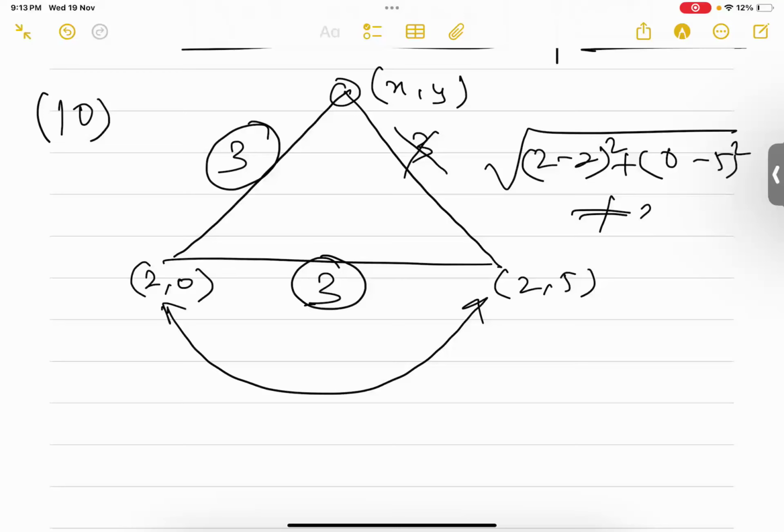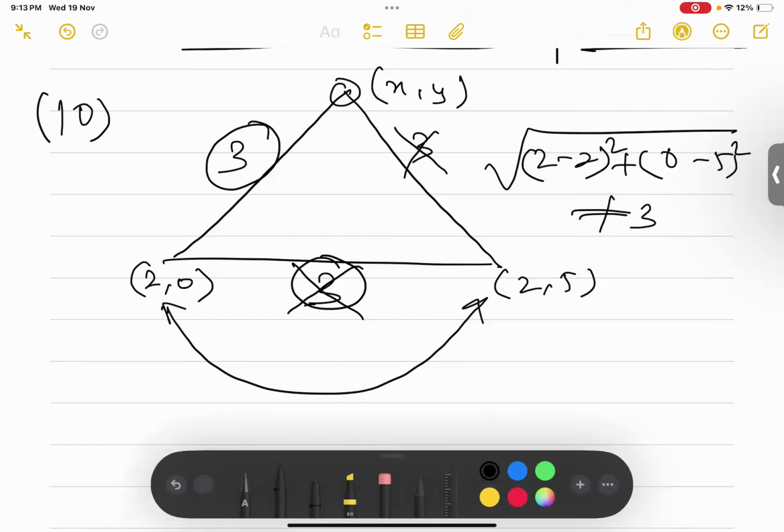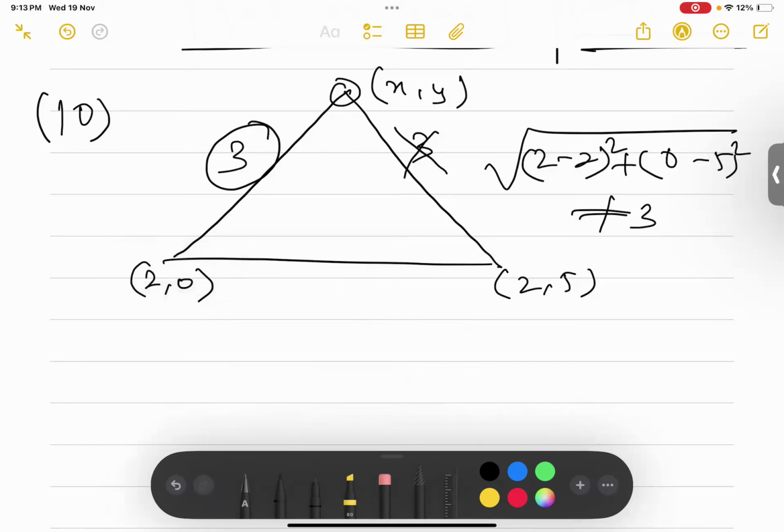So this is not equal to 3, so you cannot take this as 3. I have given you the reason why we cannot take it as 3.